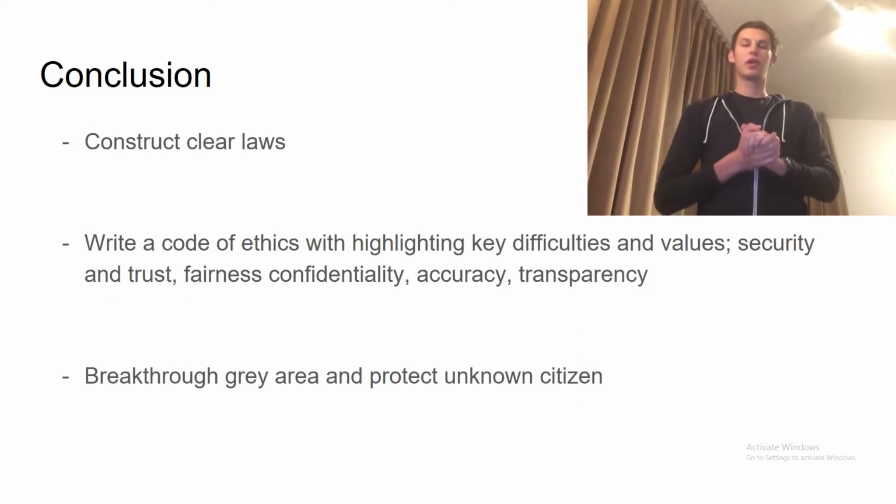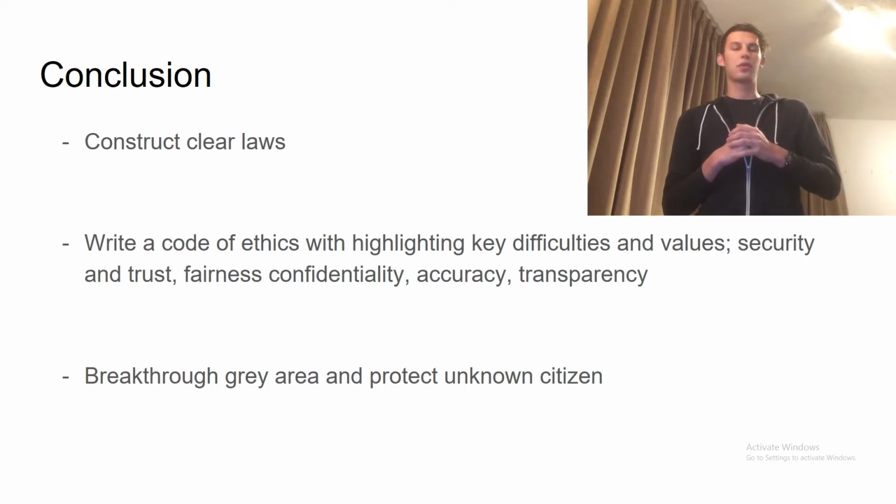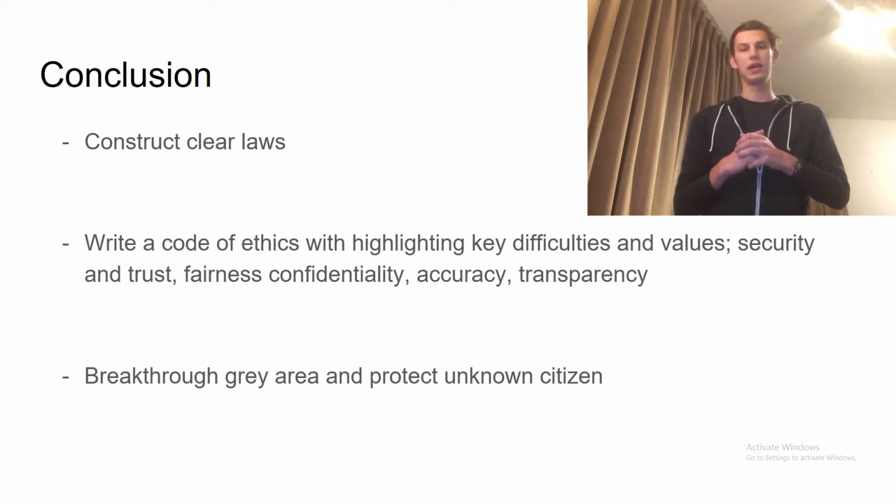So the conclusions are that there have to be some clear laws stated for the government agencies, because there's still a gray area these agencies operate in, and they make their own rules. And there should really be a code of ethics that highlights the key difficulties and values.